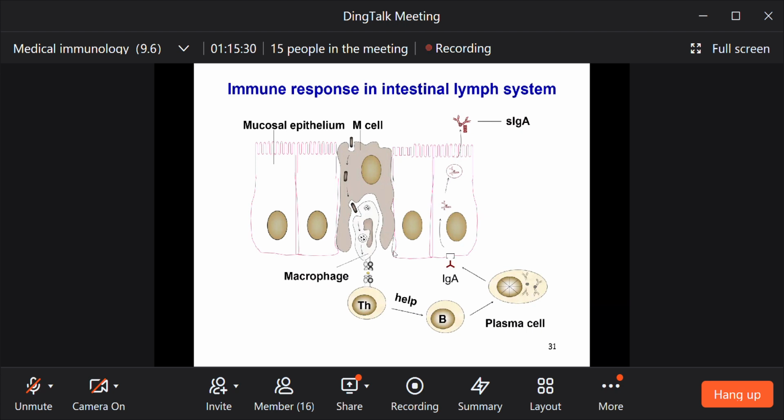So like this, the immune response will be a good, effective defense against the infection in the intestinal systems.